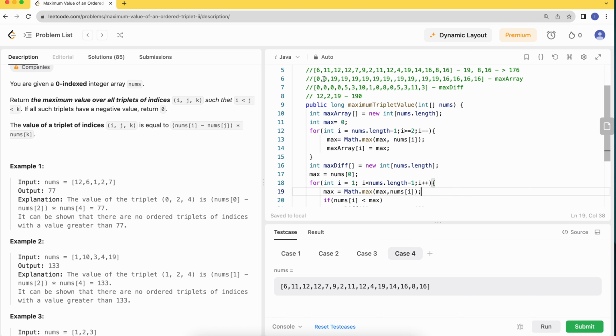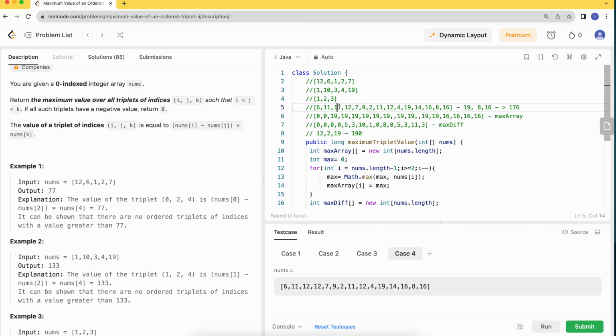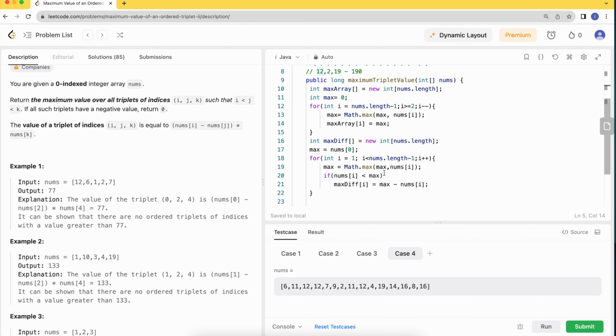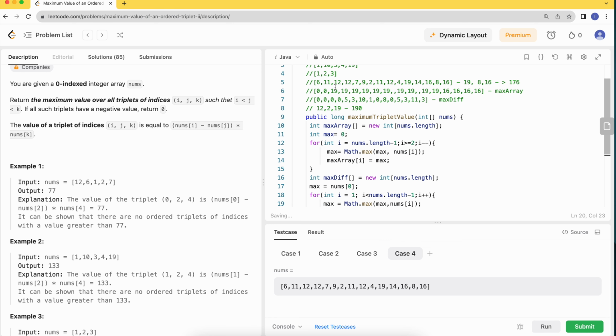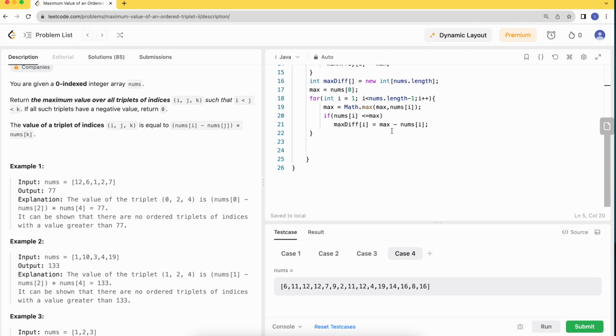So here we have 11 and 6, so our maximum is 11 and it's not less than, or let's make it less than or equal to, so we'll have a 0 here. Then we land till 7, our maximum will be 12. 12 minus 7 will be 5, so that should fill up that array.